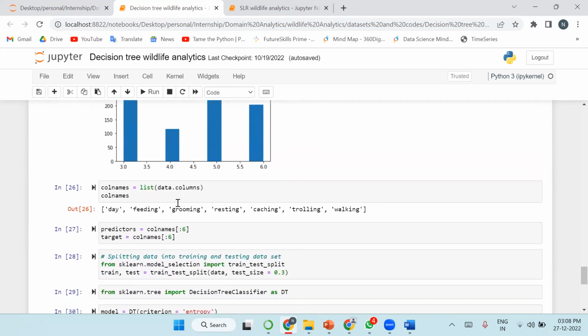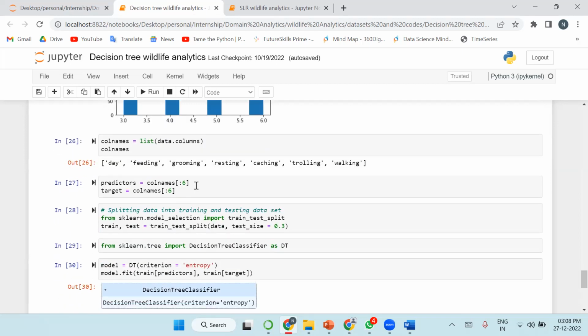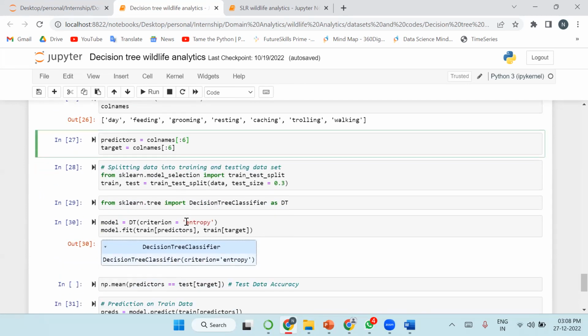Next is just a listing of all the columns in the data. And then we divide the data into predictors and target. From sklearn model selection, we import the train test split, and then we split the data.